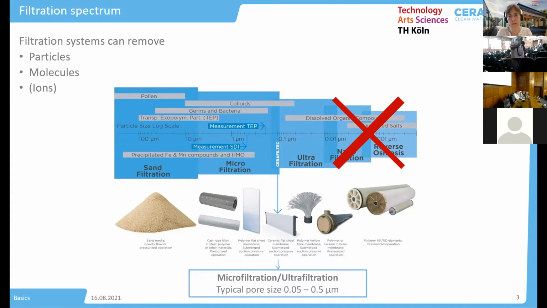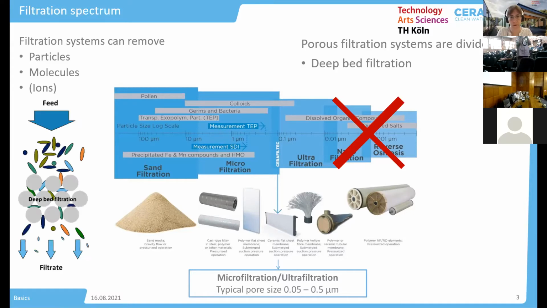And we will see at the end of my presentation that it might also be possible to remove ions by ultrafiltration systems. When we look into the porous filtration systems, which are a core part of my presentation, we can divide them into the deep bed filtration systems you see here on the left-hand side, where big particles are rejected in a filter bed, and sooner or later these particles might even move through this filter bed.